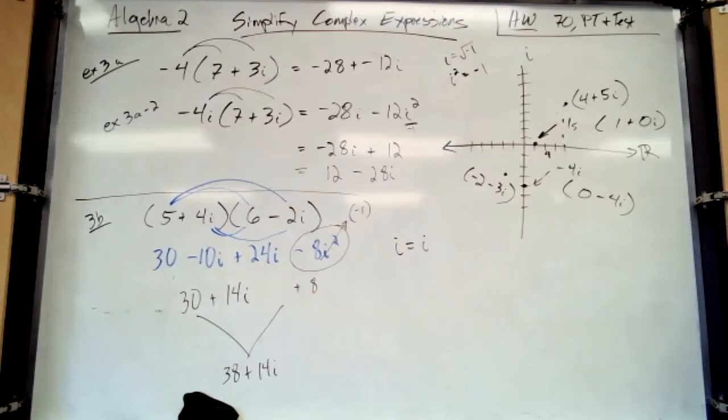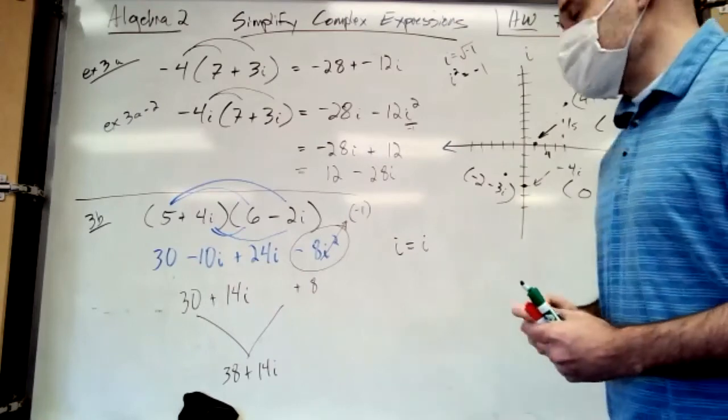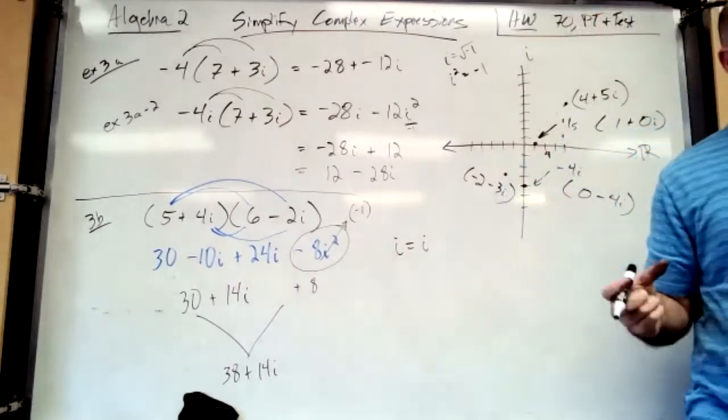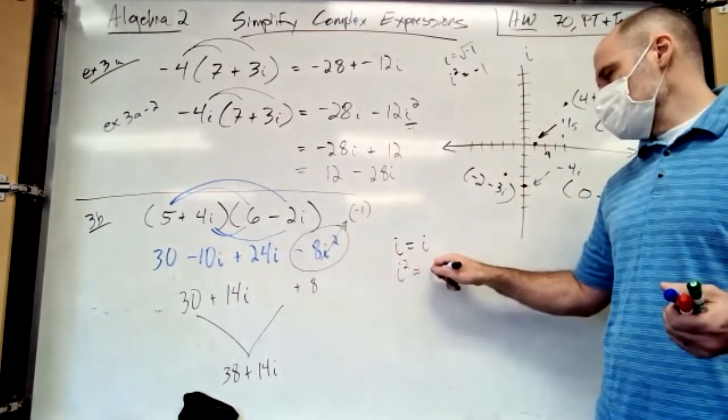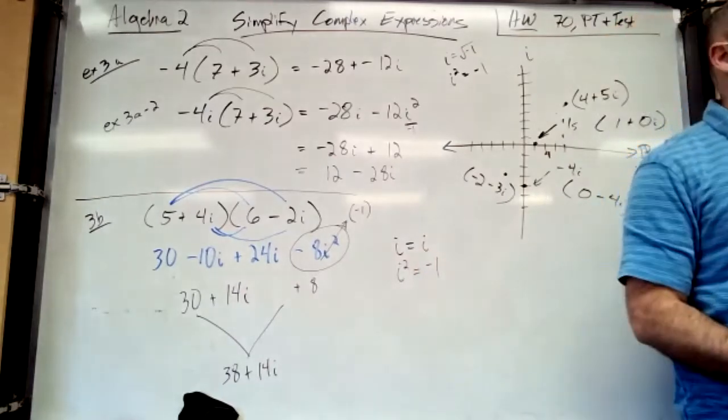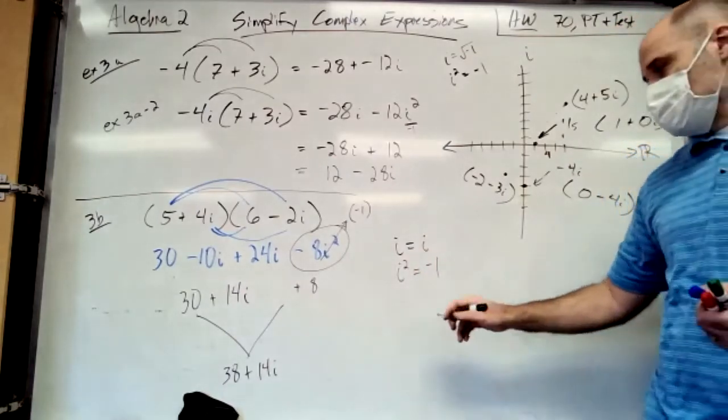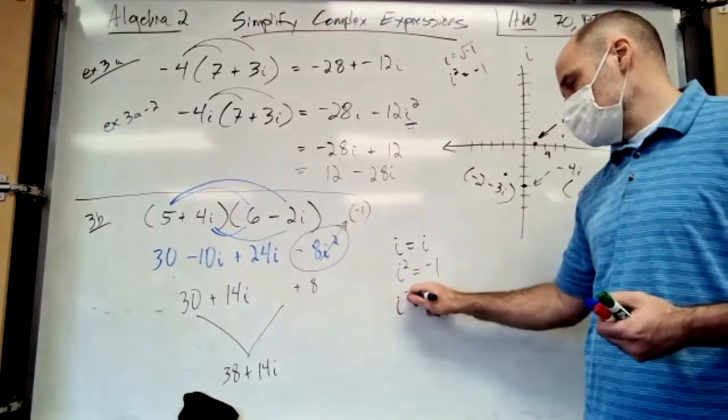Good. Okay. So i equals i, obviously. We learned that i squared equals -1, right? So what does i cubed equal?